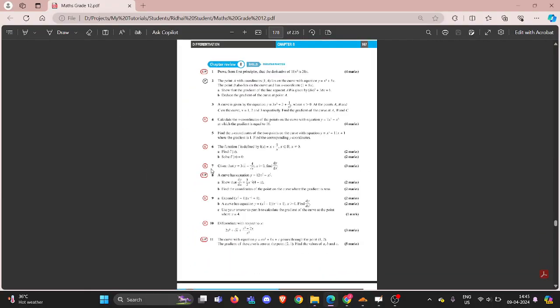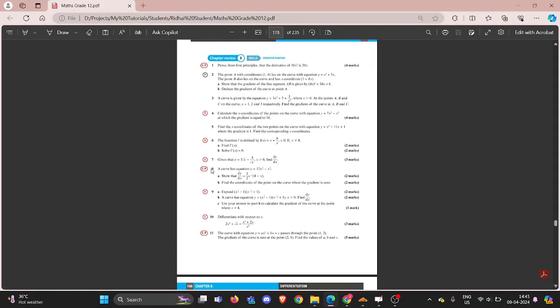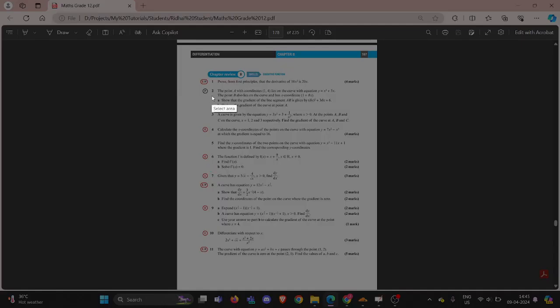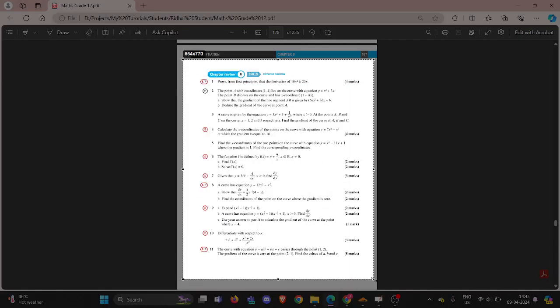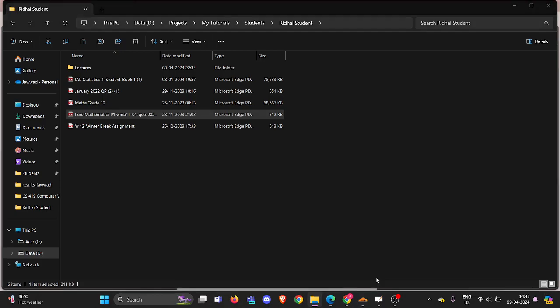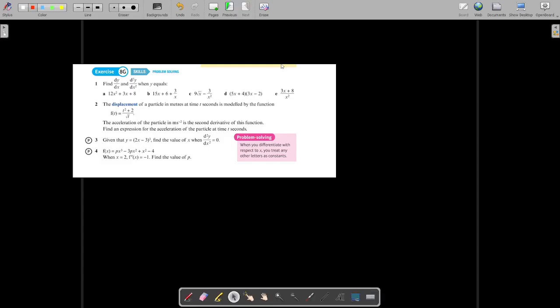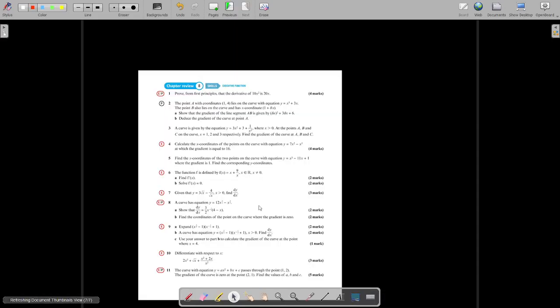And also do the chapter review. It's important. All the questions are marked important.